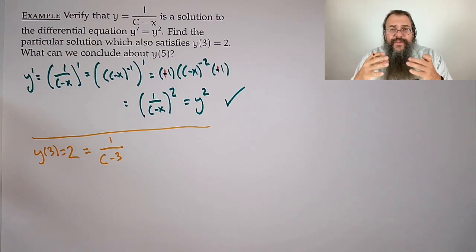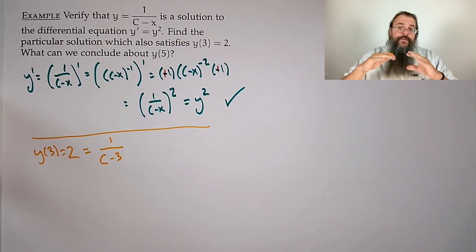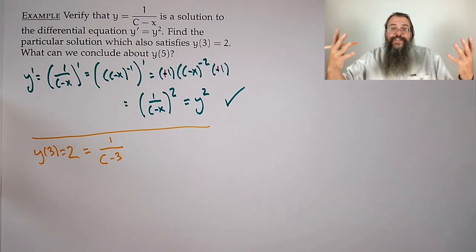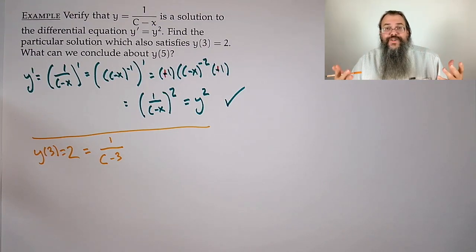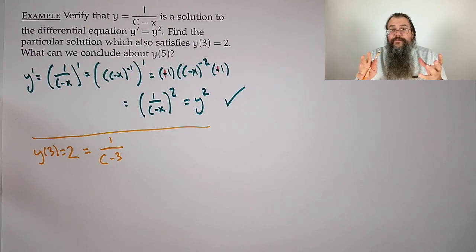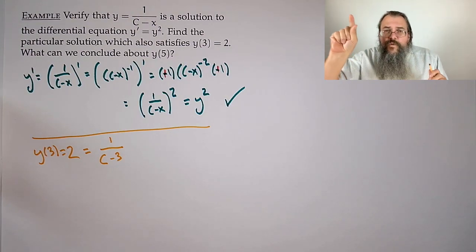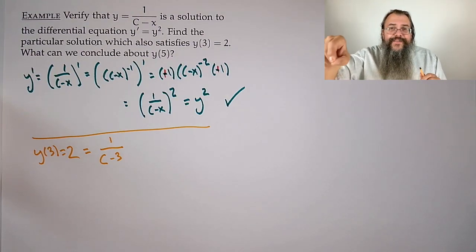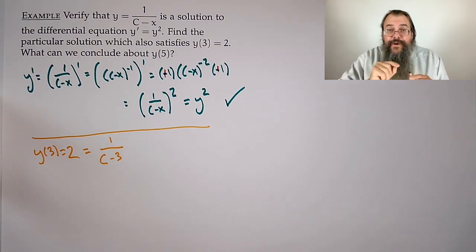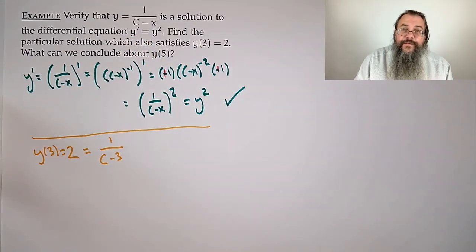So now we need to solve for the constant c. Because what we really have here, when we have y equals 1 over c minus x, is a collection of solutions. There are many solutions. For each choice of c, there's a different curve. And so we want to reach in and pluck just the right choice for c so that our curve will pass through that point and be in this form.